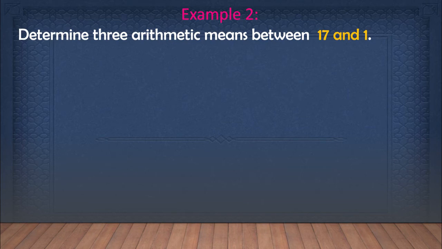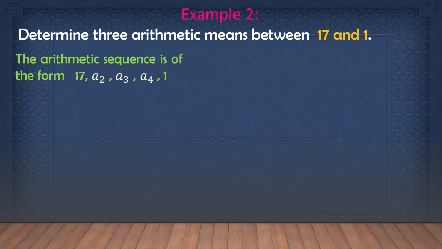Now, what if we're asked to find not just one, but say three arithmetic means? For example, determine three arithmetic means between 17 and 1. So this arithmetic sequence is of the form 17, a sub 2, a sub 3, a sub 4, and 1.